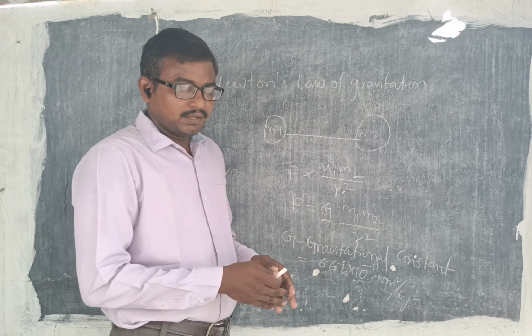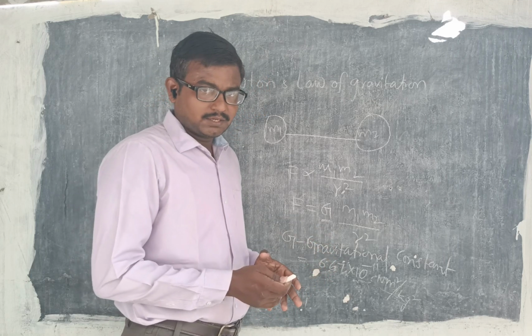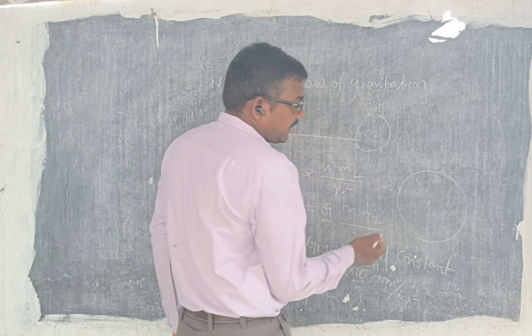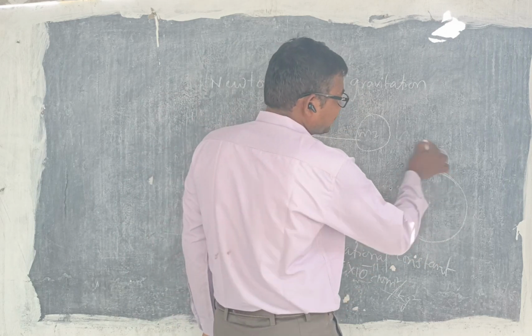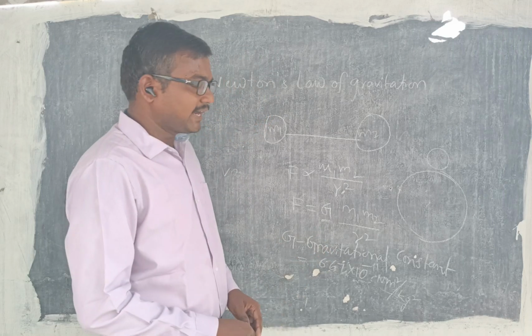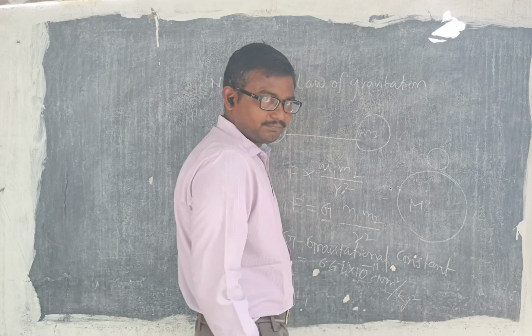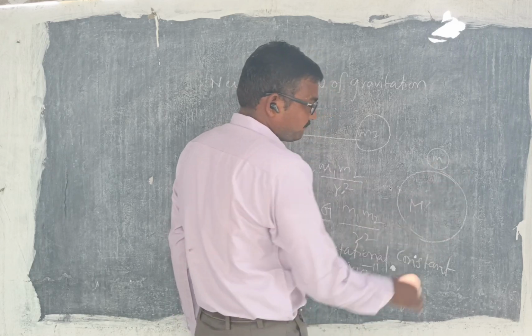Suppose we take two bodies. One body is the earth. Another body is an object on the earth. In this case, gravitational force: mass of the earth is capital M and mass of the object is small m.